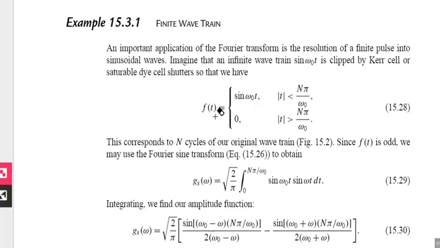Now f(t) is a sine function, so f(t) is odd, and we will use the Fourier sine transform. If the function is odd, we use the sine transform. Then we can write the Fourier transform Gs(ω) as root 2 by π, integral from 0 to nπ/ω0, f(t) sin ωt dt.